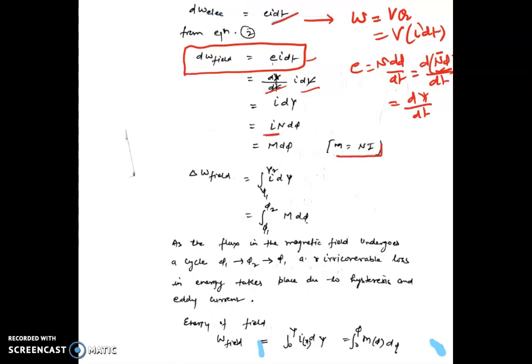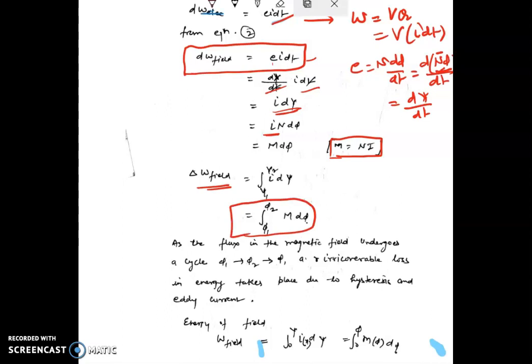This is the magnetic field, M, the MMF. So M d phi. So the energy of the magnetic field is M d phi or I d psi, where the flux linkage limit is psi 1 to psi 2, or in terms of the magnetic field, phi 1 to phi 2 of M d phi.